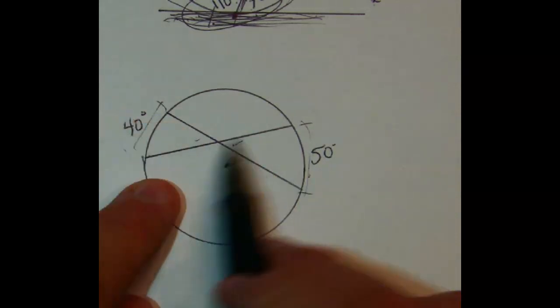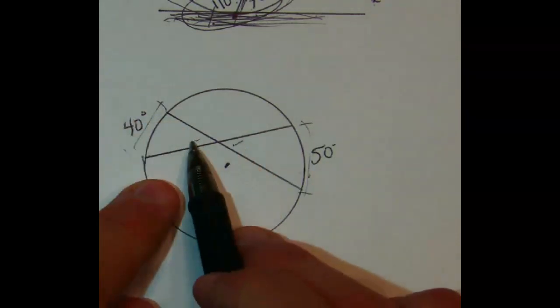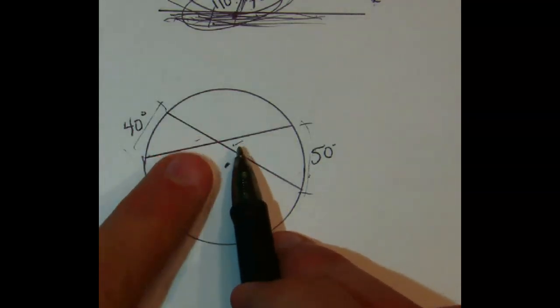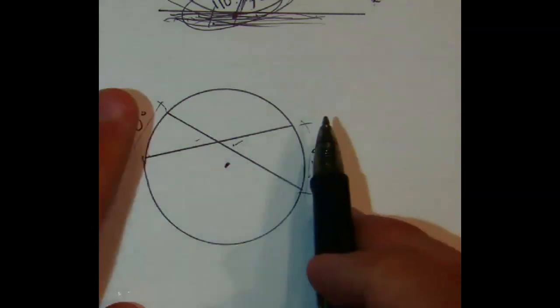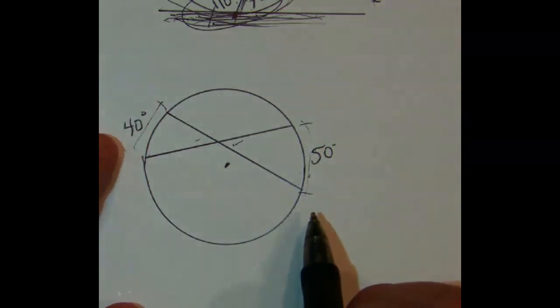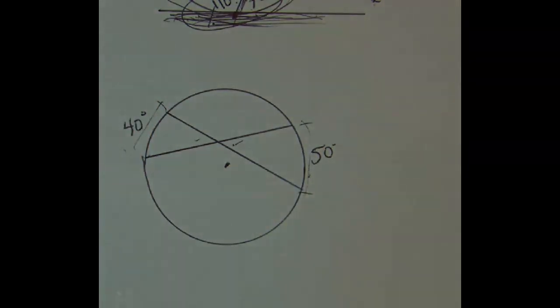Now these are vertical, so whatever this is, this is the same. So what we've got to do is find the measure of those angles when we are simply given the arcs of the 2 chords on the outside of the circle. So here's where I come up with the coffee cup problem.